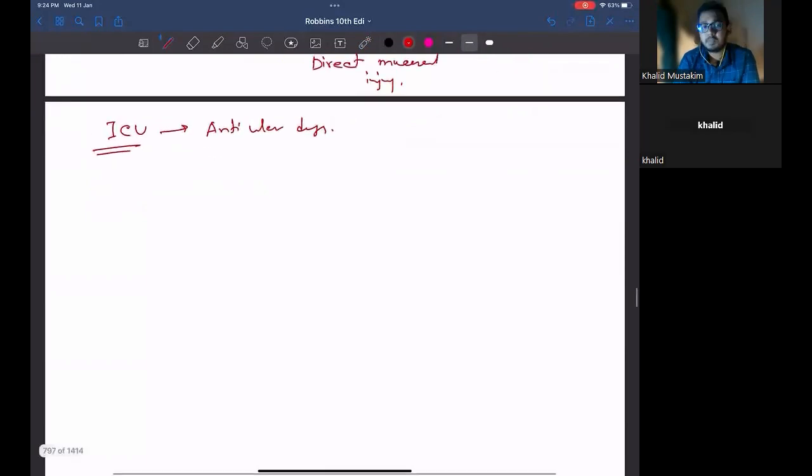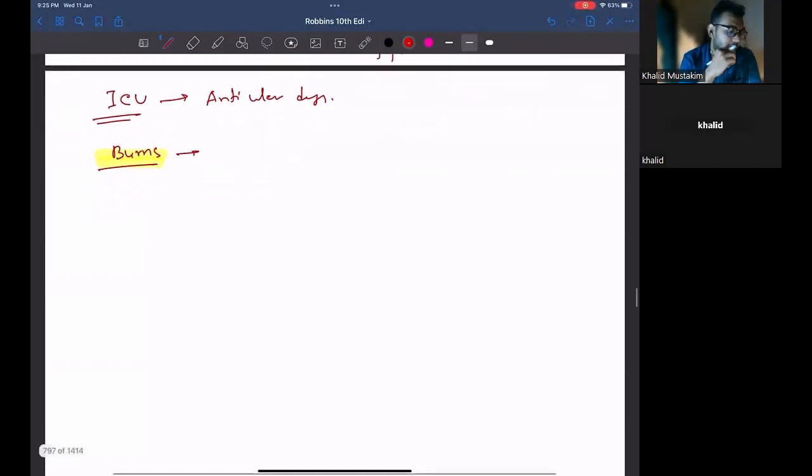There must be another kind of stress. Suppose you have a patient with burns. Burns means suppose all of his body parts have burned. So if a burn patient comes to you, there must be dehydration.